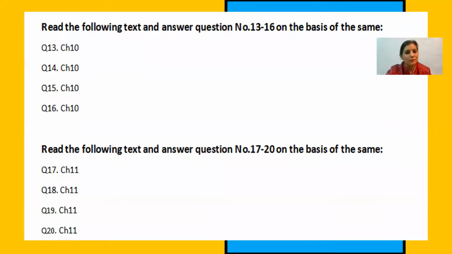Case study from 1 chapter only, and questions based only on this case study. No passage. The case study is just to give you a hint about the chapter, and on the basis of this chapter there will be 4 1 markers, question number 13 to 16.